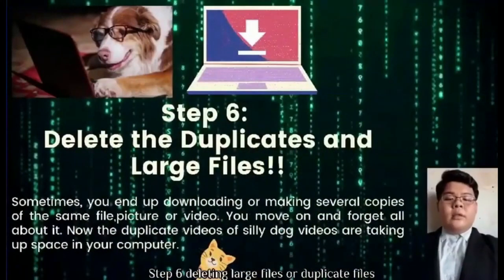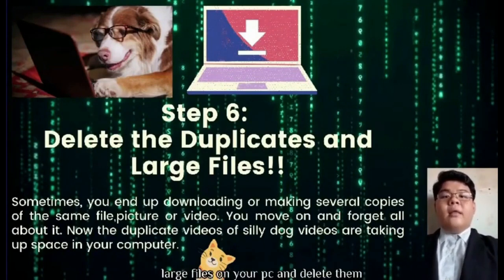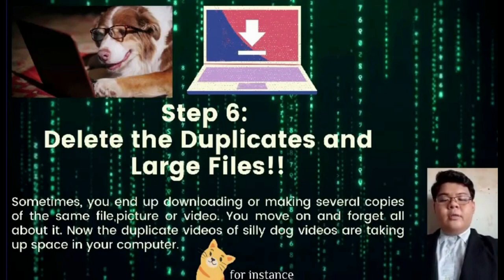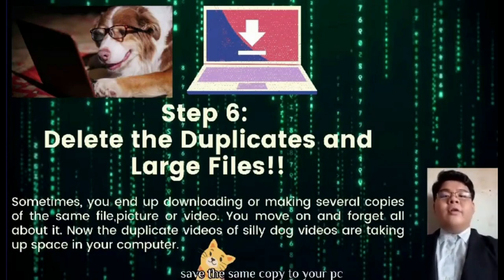Step 6. Deleting large files or duplicate files. Consider using a program that finds duplicate files and large files on your PC and deletes them. For duplicate files, for instance, you will get a pop-up window or message before you save another second copy, asking you if you want to save the same copy to your PC.